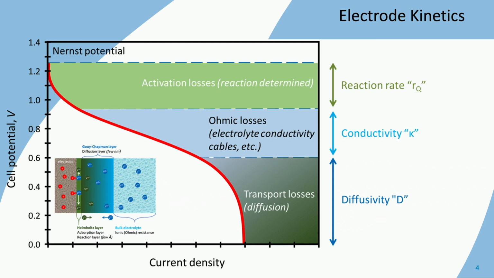At low power, low current demand, the overall mechanism is determined by the reaction rate, assigned by activation losses. By asking more power, the conductivity of ions in the bulk will play a major role, also known as the ohmic losses. Once we further increase the power demand, the ions start to deplete and therefore diffusion limitations occur, here referred to as transport losses.